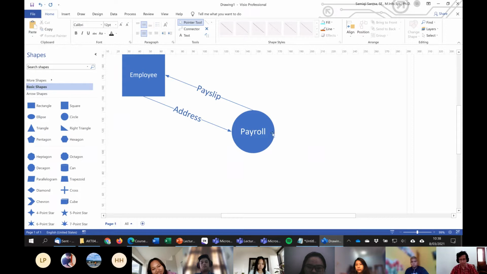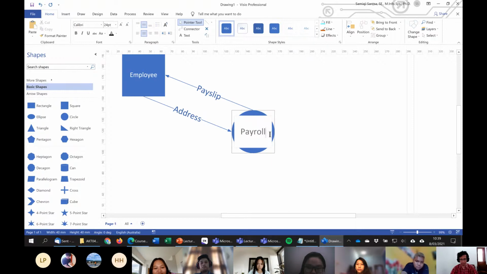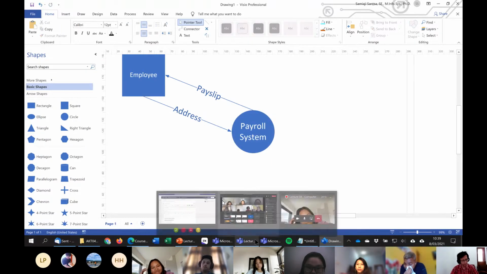This is one payroll system. This is the process. This is the system. Payroll means processing employee salary. That's called payroll. Payroll system. So it's a system. Okay.